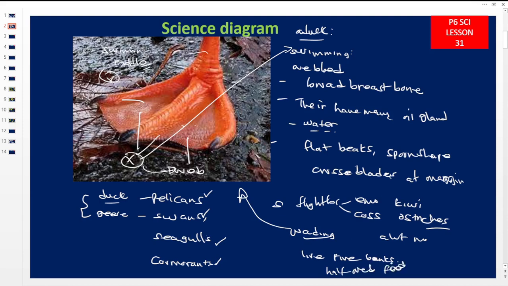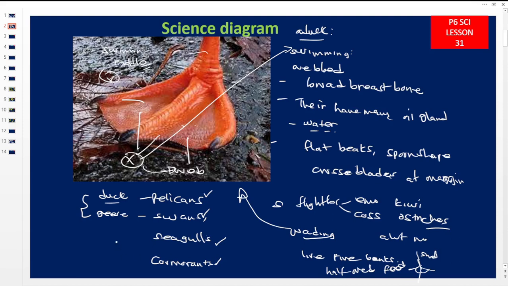And this shape prevents them from sinking in mud. If the leg is short, then they can sink. They have long legs and the feet are half-webbed and widely spread to prevent them from sinking in mud, and they have long beaks to catch smaller animals like frogs in water.